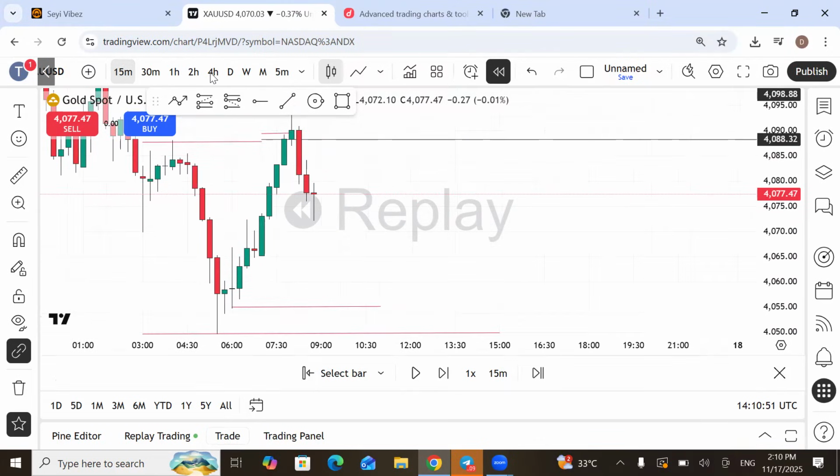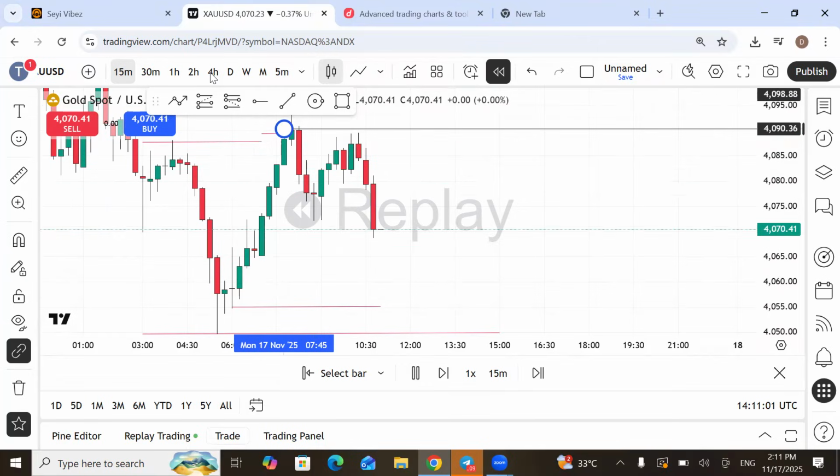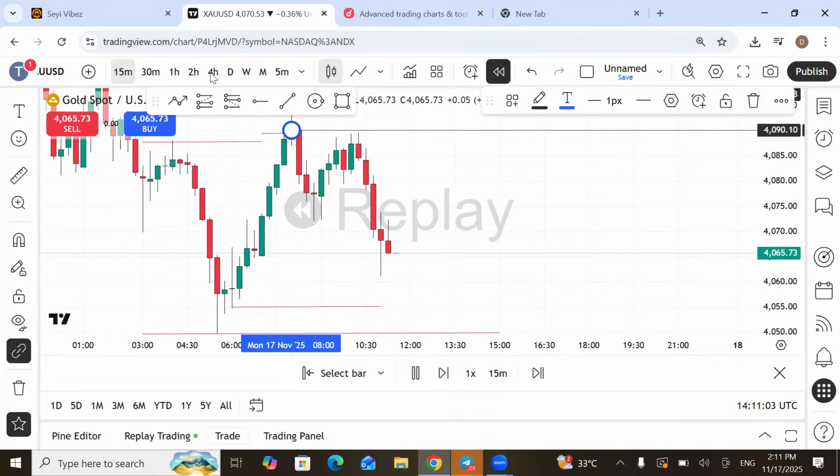Let's play price. Can you see? Price buys the first round. This is not where I want to use. Yes, this is where I want to use the A-shaped key level. Can you see? Price sells the first round, right?